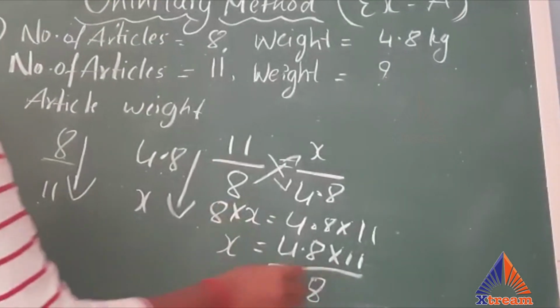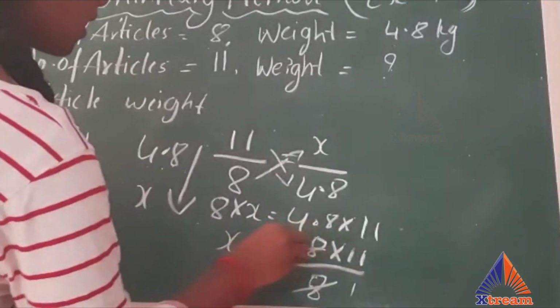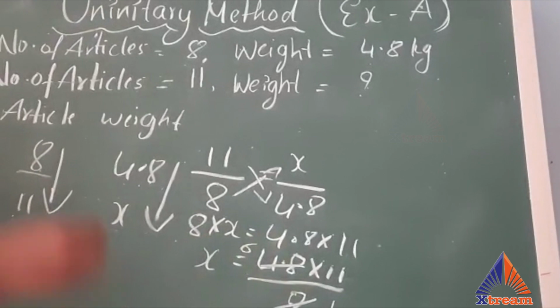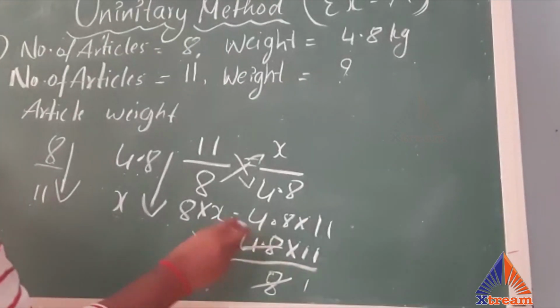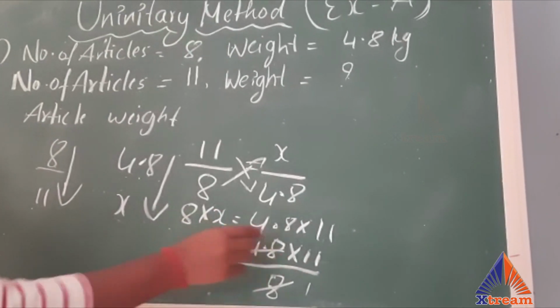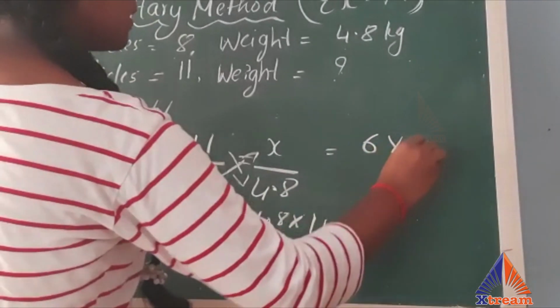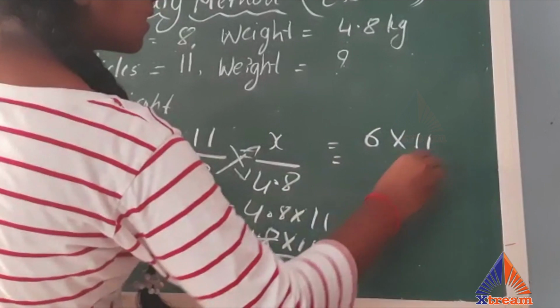Now we should do the cancellation, that is 8 ones are 8, 8 sixes are 48. So here the point is there, but it's okay. Now you need to multiply 6 into 11. So 6 into 11 is 66.